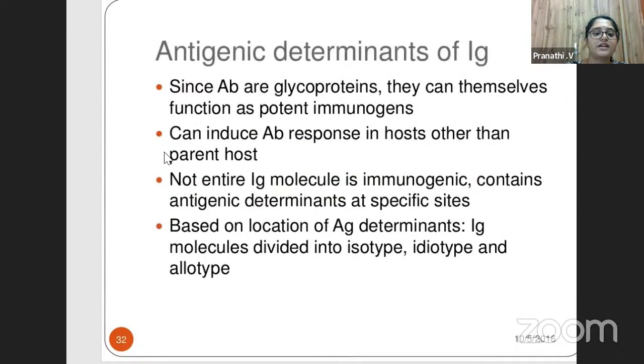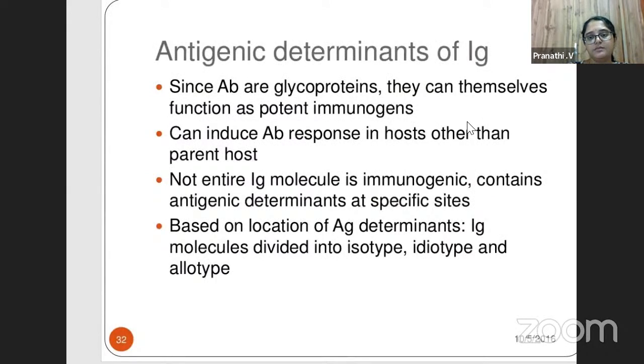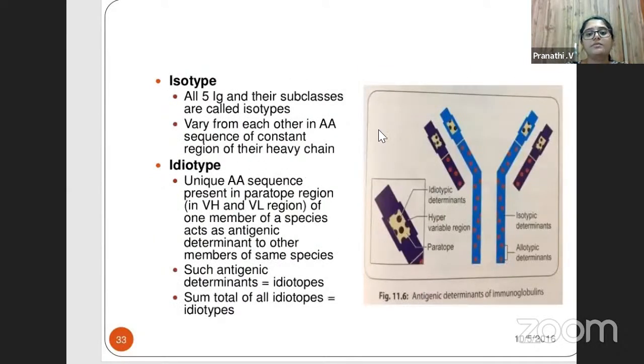We have seen the antigenic determinants of immunoglobulins, which are glycoproteins. Based on the antigenic determinant, you can divide the immunoglobulins into different types: isotype, idiotype, or allotype. Isotype is based on the heavy chains.